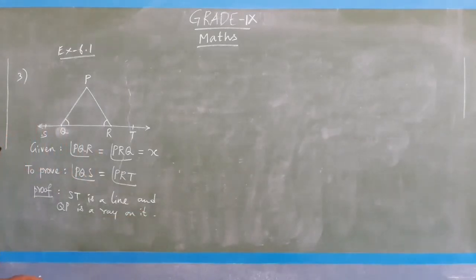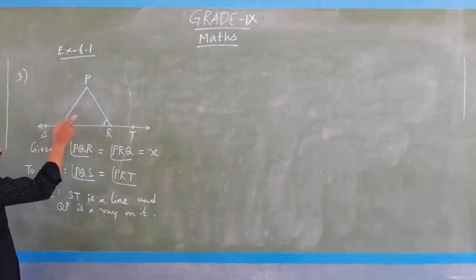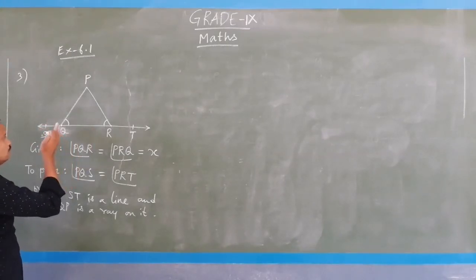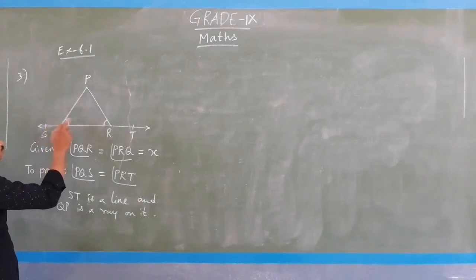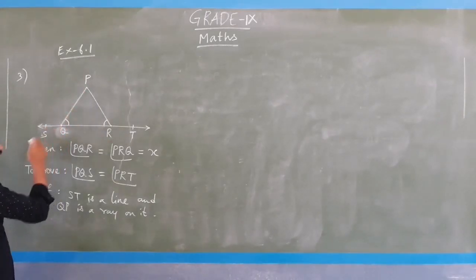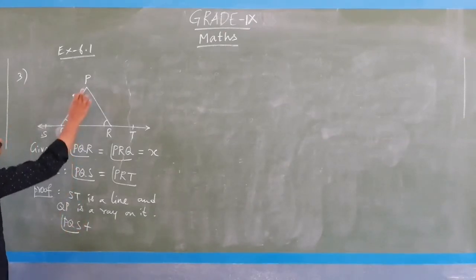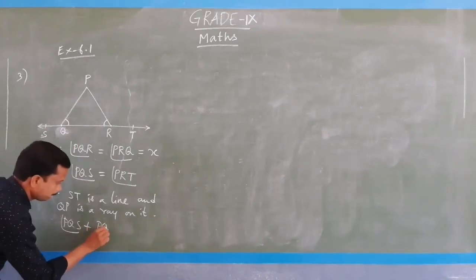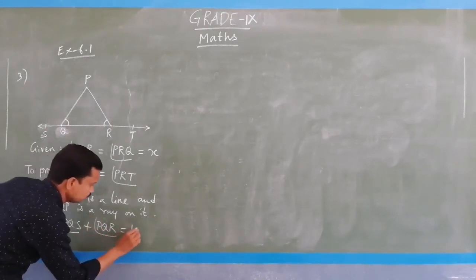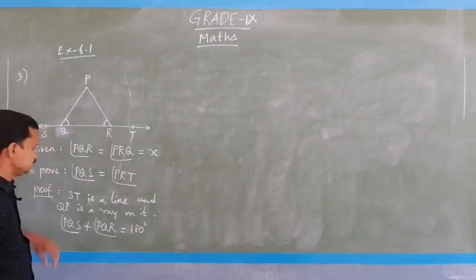So, only a single ray we are assuming, therefore, two angles are there. A straight line is divided by a ray, so we get two angles. So, that is PQS plus PQR, they both equal 180. The reason, straight angle, or we can say linear pair for these two.